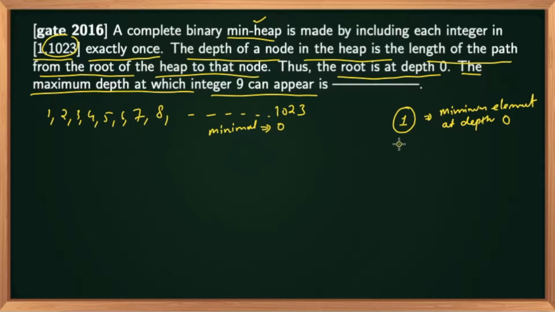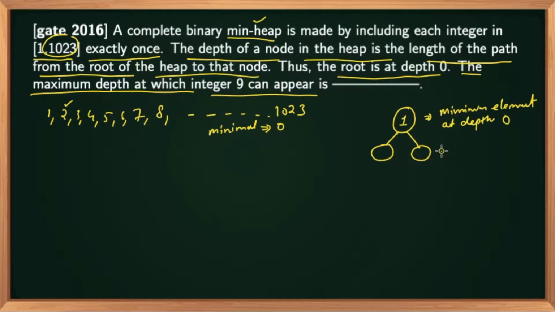Okay. Now what about the second smallest element? So the second smallest element may be here or it may be here, right? Because we have a lot of elements. So if we are not keeping the second element at this level, we cannot move further from that particular node, right?